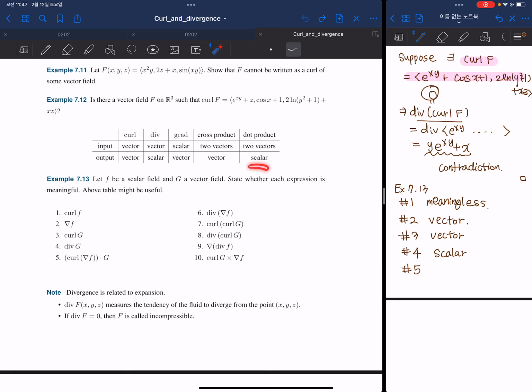Okay, and then you will get a scalar. And then here gradient F. So the input is a scalar, so yes, okay, and the output is a vector. Okay, and then divergence, we want to take a divergence, so the input, gradient F, is a vector. Okay, and then you will get a scalar.